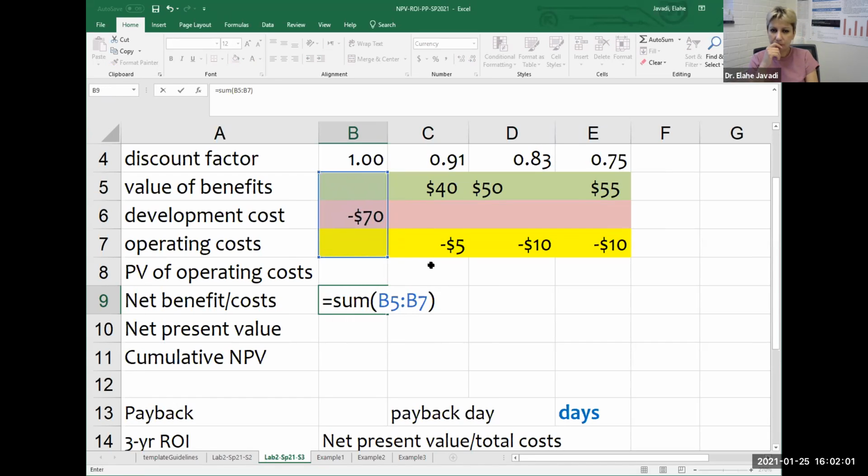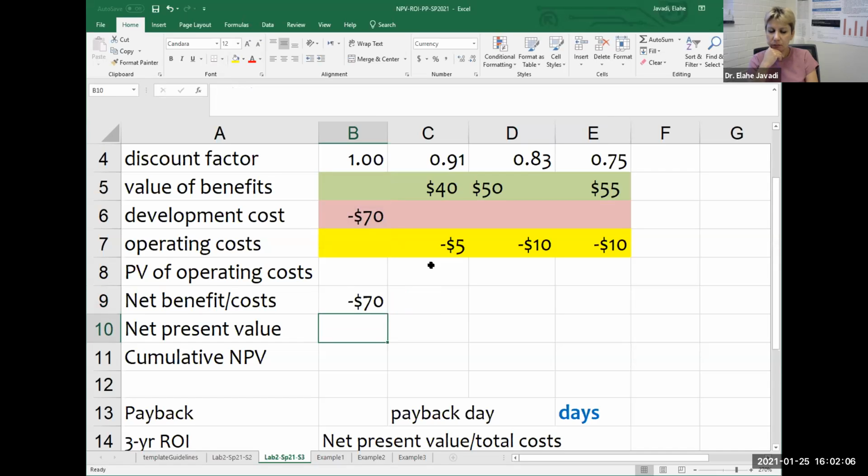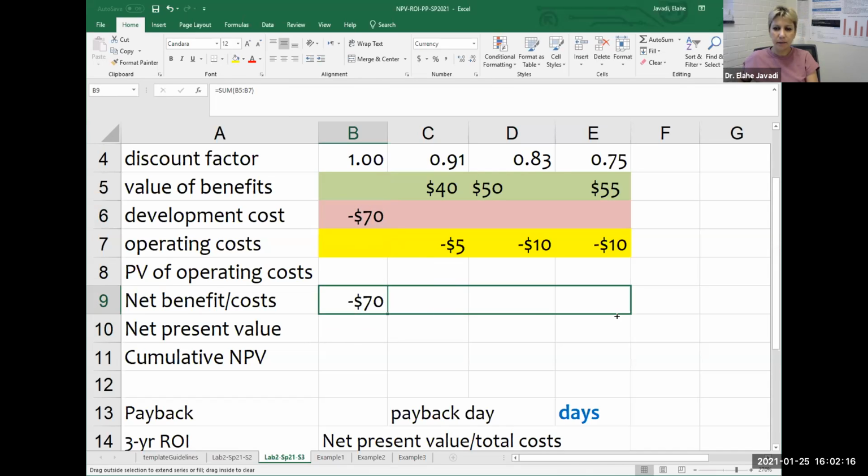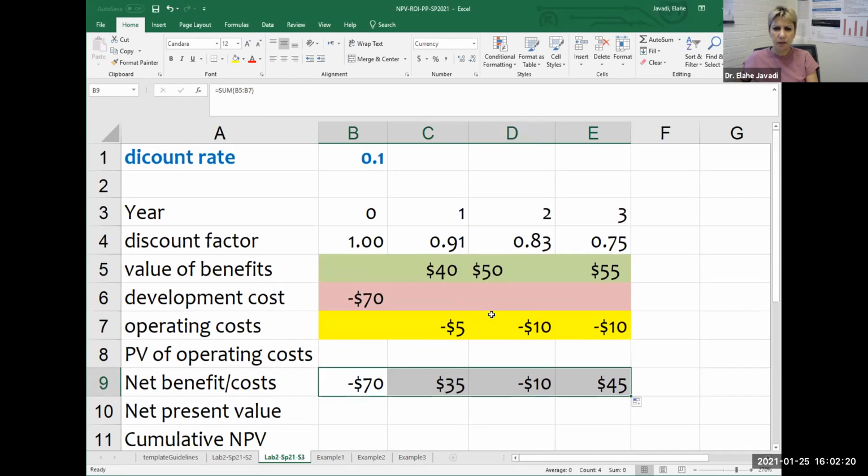Parentheses closed. Enter. That's minus 70 because I only have the development cost in year 0. This formula can be dragged to the right to get the same numbers for the future years.